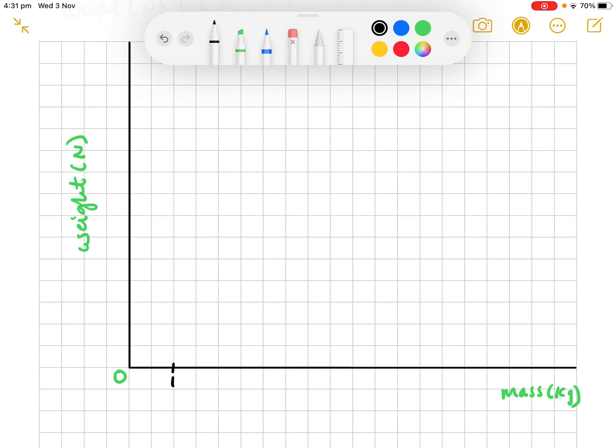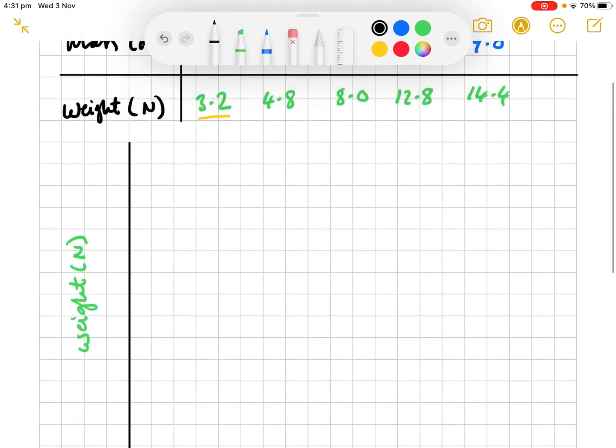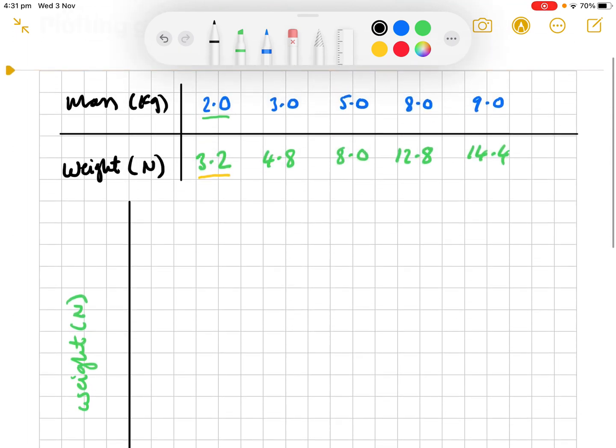So make a little mark after 2 boxes. There we are. That's 1 kilogram. That's 2. Every time I go along 2 boxes, I go up a kilogram. 2 more boxes takes me to 7, 8, 9, and 10. So there's my x-axis scale.